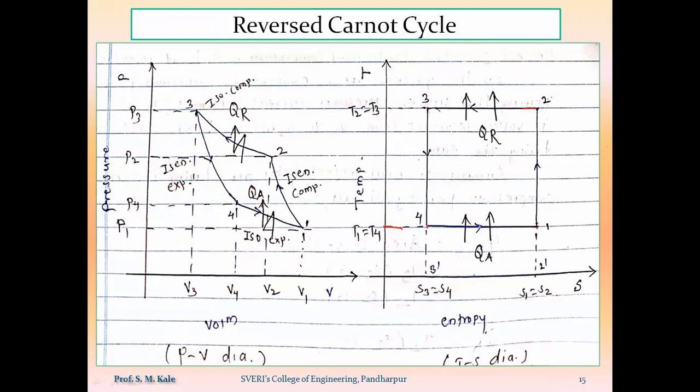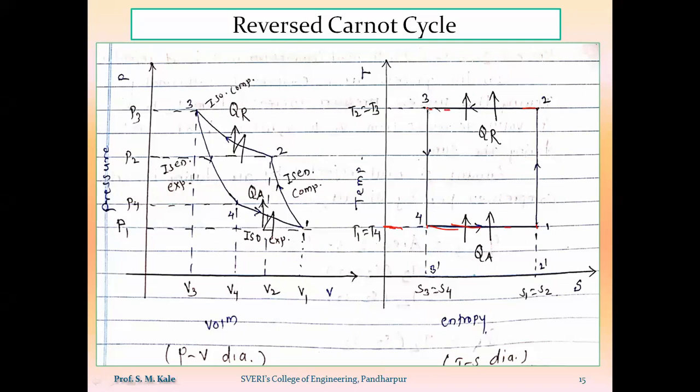T1 is the lowest temperature, which is maintained inside the refrigeration system. If you look at the temperatures T1, T2, T3, T4, T1 is the lowest temperature, at which heat is being absorbed.